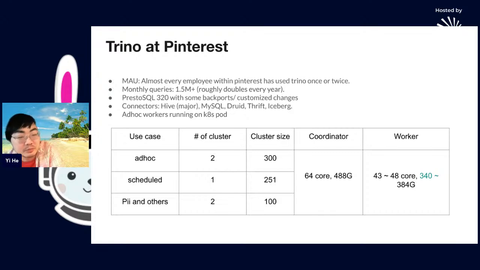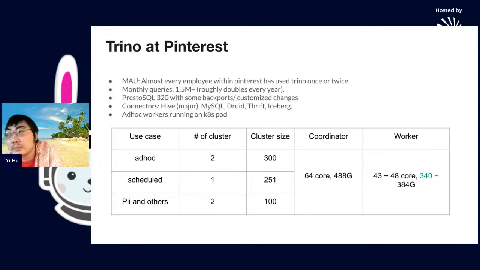We have about 1.5 million monthly queries processed through Trino, and that number roughly doubles every year. We are currently running on PrestoSQL 320 version, and we are planning to move to a more recent version this year. On connectors, we mostly use Hive, MySQL, Druid, Kafka, and Iceberg.